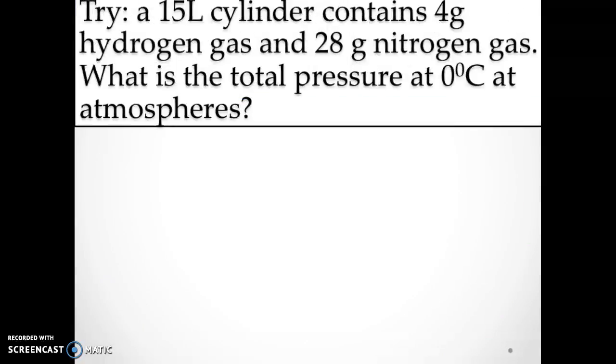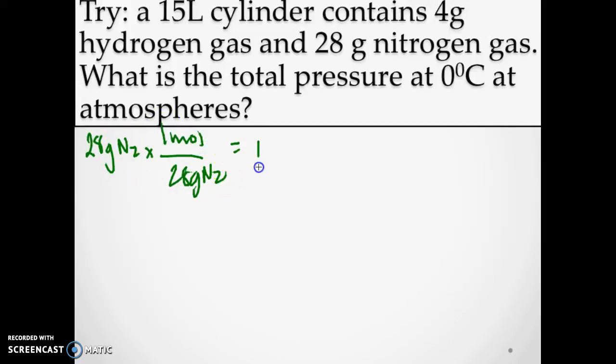Go ahead and try and then check your work now. Same idea. 28 grams of nitrogen gas, which is N2. 28 grams of N2 for 1 mole. Okay, this is a coincidence that they're the same. And that means you have 1 mole of N2. Use PV equals nRT, and you're solving for pressure.